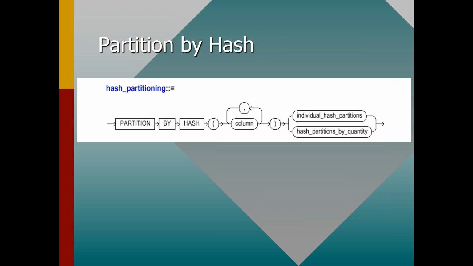Another partition type is called lazy partitioning, also called partition by hash. In this, we can basically specify the number of partitions and the database will do the data partitioning.